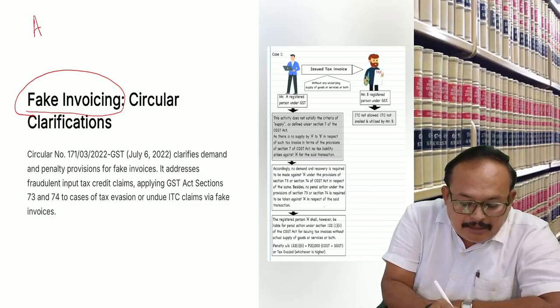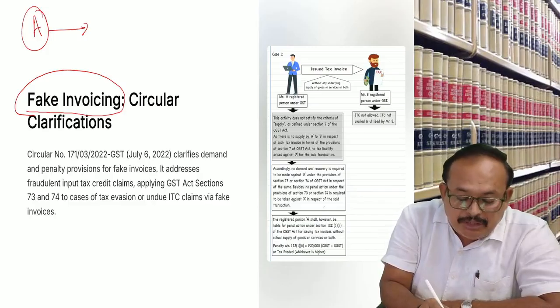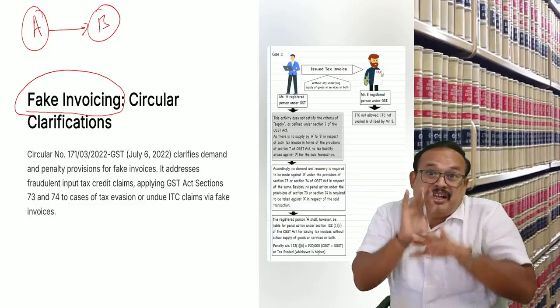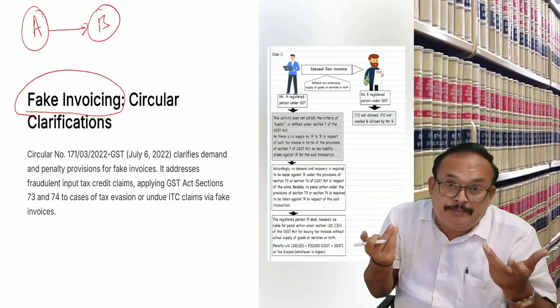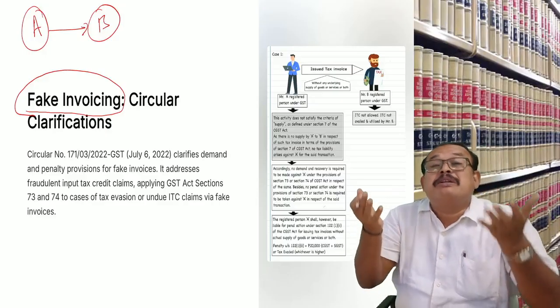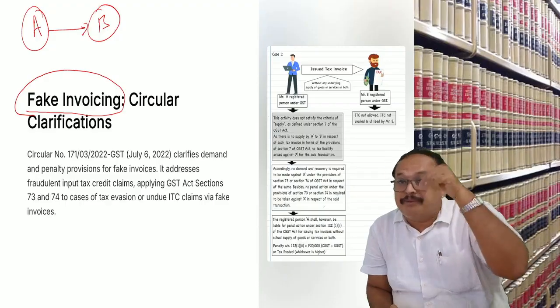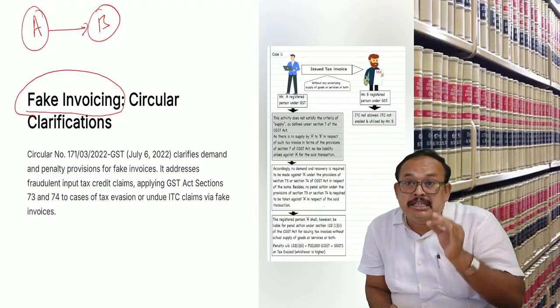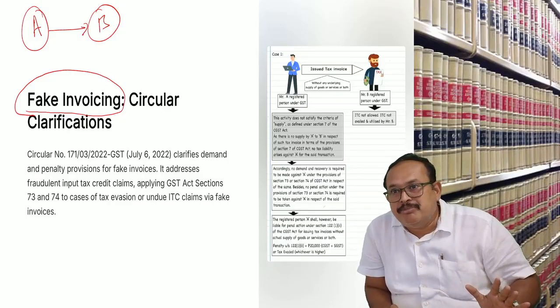A issued the tax invoice, but did not supply the goods to B. B avails the ITC and utilizes the ITC without receipt of the goods. If you avail the ITC without receipt of the goods, it is a clear-cut violation of section 16 subsection 2 clause B. You agree with me?